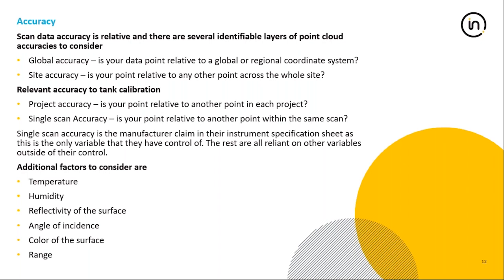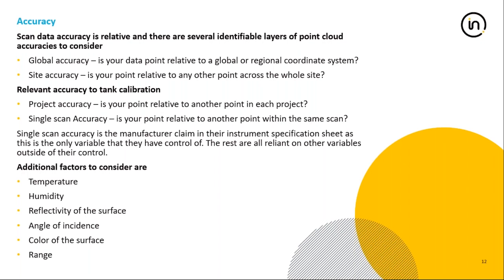All the other errors, even though they depend on single scan accuracy, are also related to field practices and other things that happen in the field, such as temperature, humidity. All of those things are going to factor into the accuracy of the measurement.